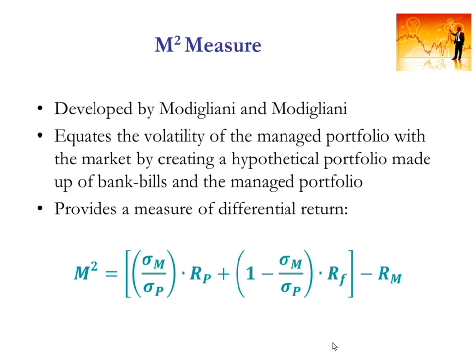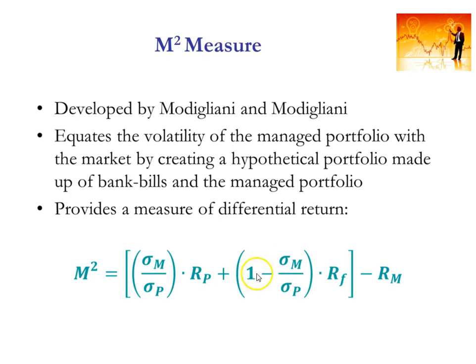So basically what we do is we take our risky portfolio and we weight the risky portfolio by the ratio of the standard deviation of the market to the standard deviation of that portfolio. What we're doing here is we're either leveraging our portfolio up if it is less risky than the market, or we're combining our portfolio with the risk-free rate if our risky portfolio is more risky than the market, such that we adjust the overall level of risk to be equivalent to market risk.